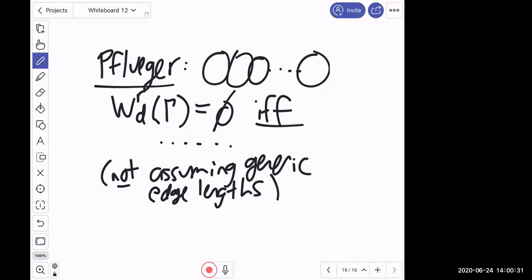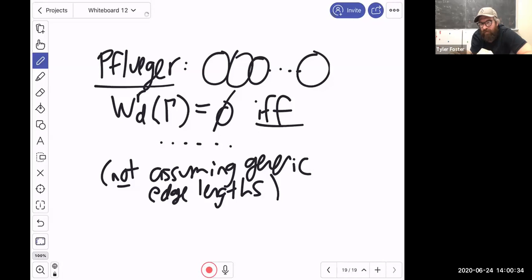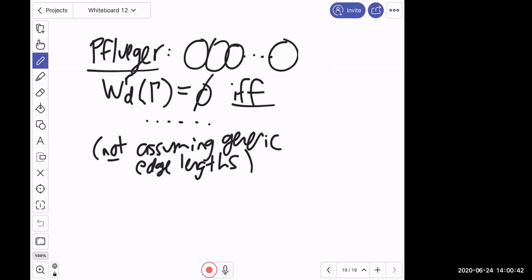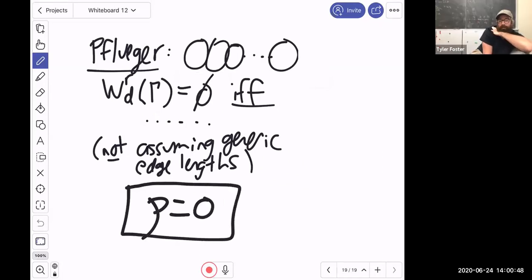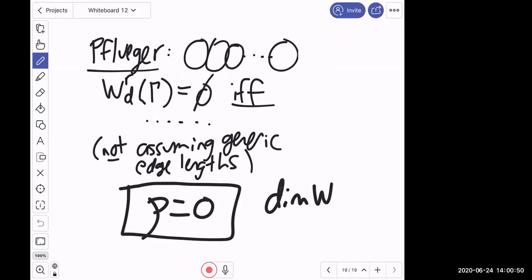Yes. I think the idea is that if you try to do a finite field point count. No, so in this case, when rho is 0, that means the dimension of W^r_d should be 0, and so it's a finite set of points.